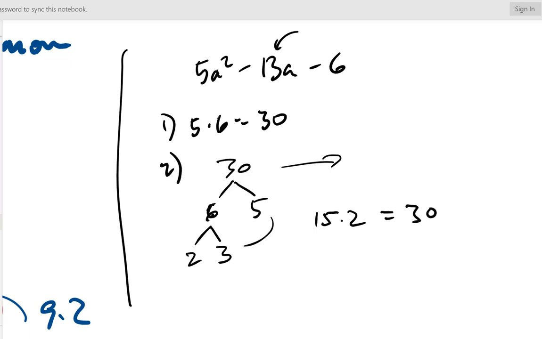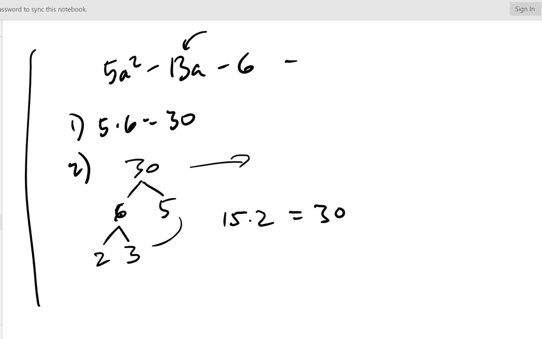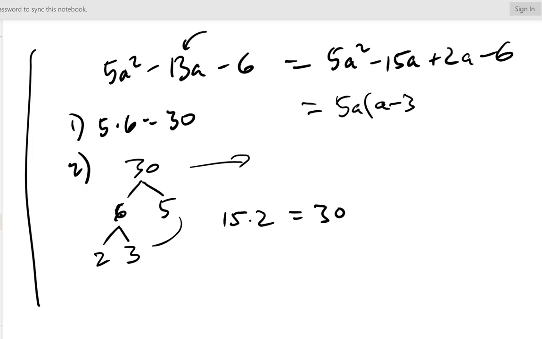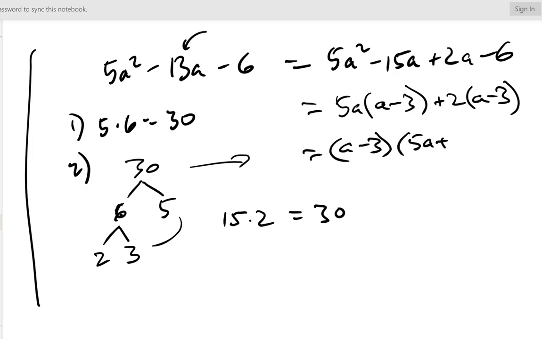So I can rewrite the 13a, giving 5a squared minus 15a plus 2a minus 6. When you factor this by grouping, you take out a 5a and you get a minus 3, and if you take out a 2, you get a minus 3. So you get a minus 3 times 5a plus 2.